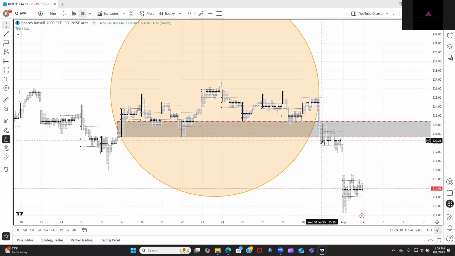So that's your real rejection, support turned resistance. Again, you could argue the 25th, maybe liquidity grab, liquidity rejection on the 29th, to now liquidity sweep, to now turning back into a rejection. So what the market is telling you is that there is money to be made here.